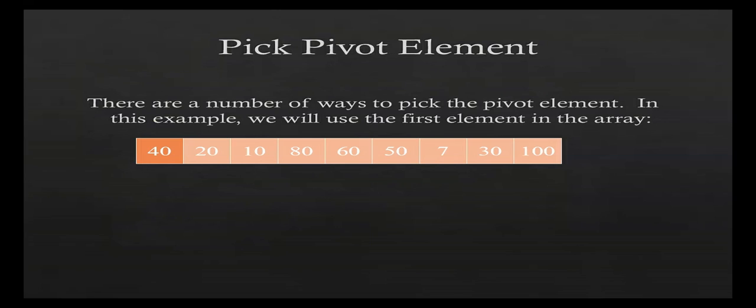So we will learn later how we can appropriately choose or pick a pivot element. But in this example, we'll use the first element as our pivot element. So for example, 40 is the first element of this array. So we will select 40 as our pivot element.